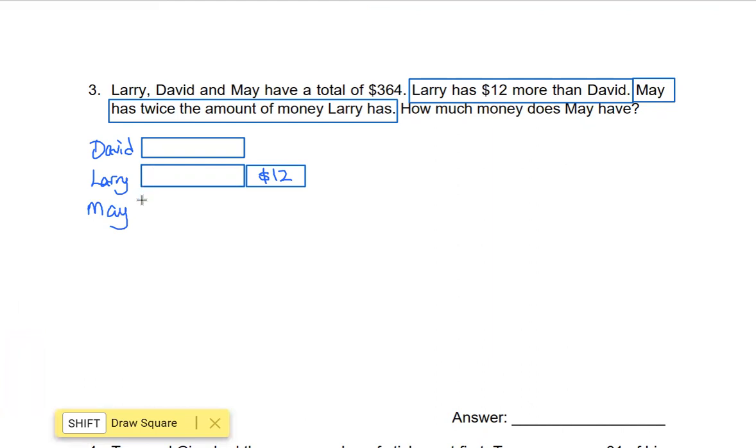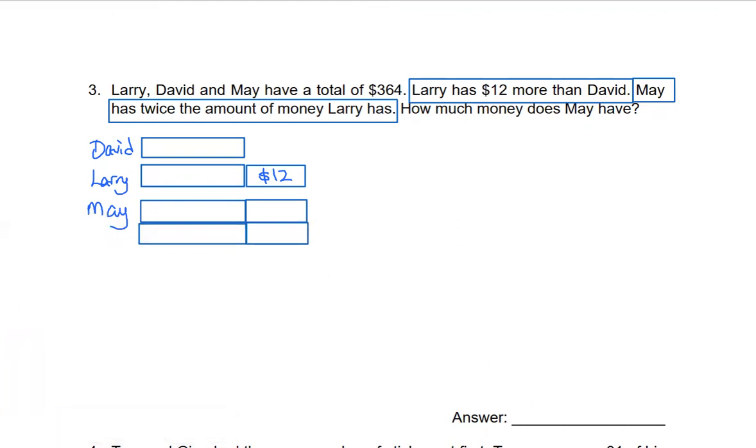So if Larry has 1 unit plus another $12, May has the same, but May has twice, which means I'm going to stack it up. I'm going to show 2 levels of that. Twice of this. So if David has 1 unit, I'm going to put 1 unit here.